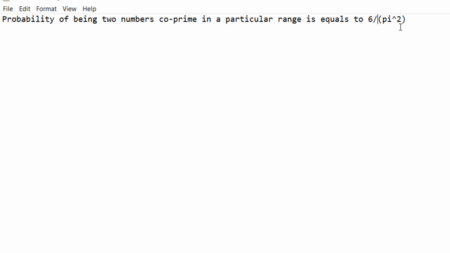Two numbers are called co-prime if their GCD is 1.